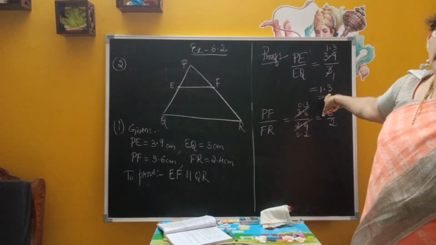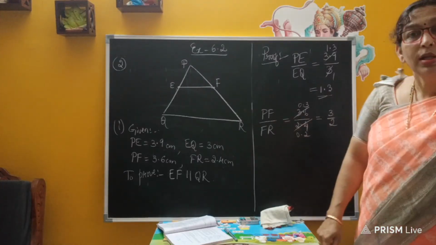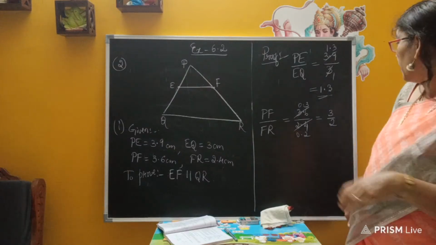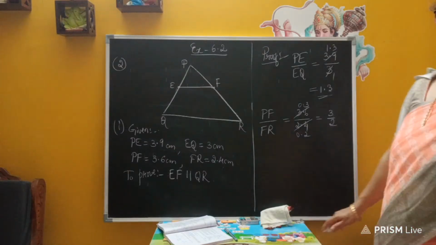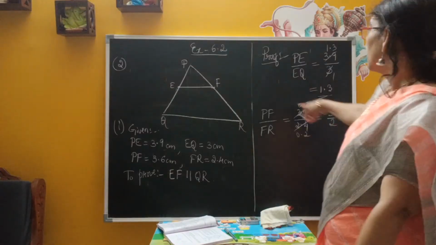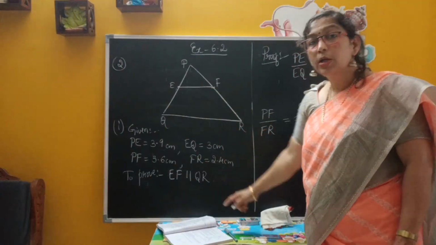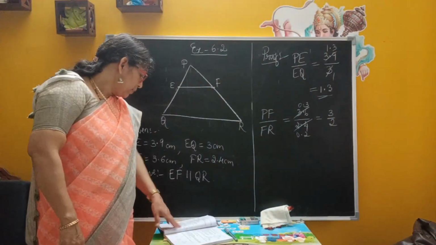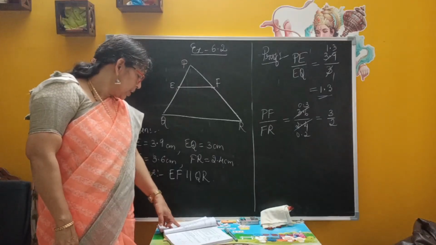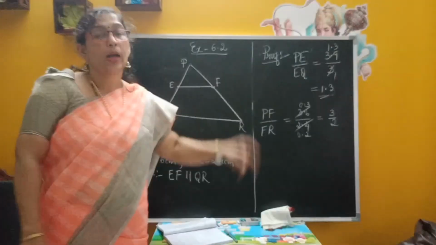Here we have 1.3 by 1 and here we have 3 by 2. Are they equal, 1.3 and 3 by 2? No, they are not equal. So what do you say? The sides EF and QR are not parallel. We have to check in the question whether EF is parallel to QR. No, they are not parallel.